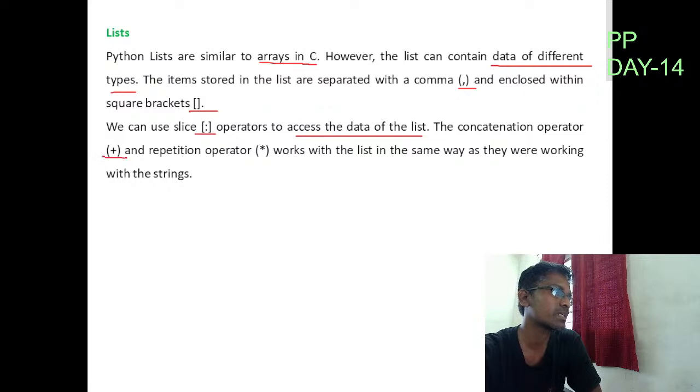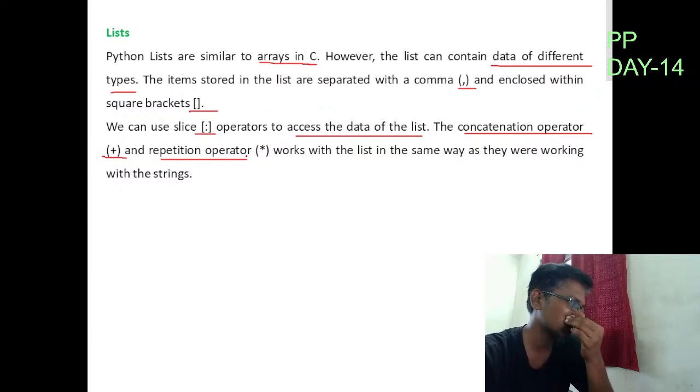By using a plus operator, you perform the concatenation operation, and by using a star operator, you perform repetition of the list. So these are the different types of operators on a list.